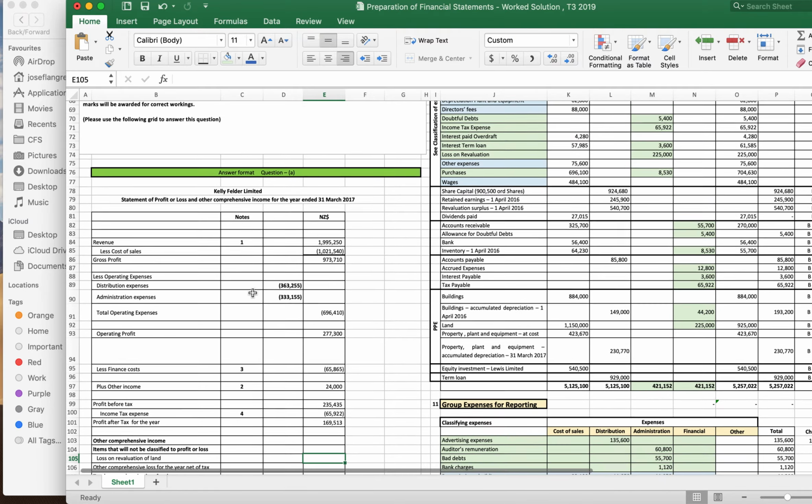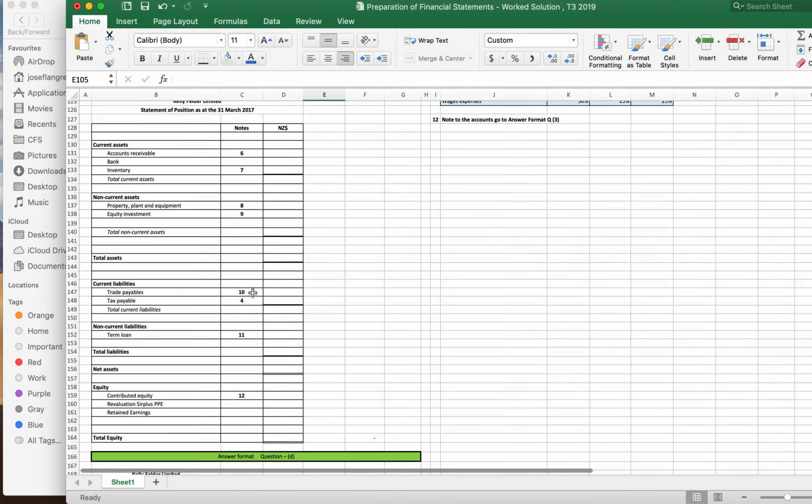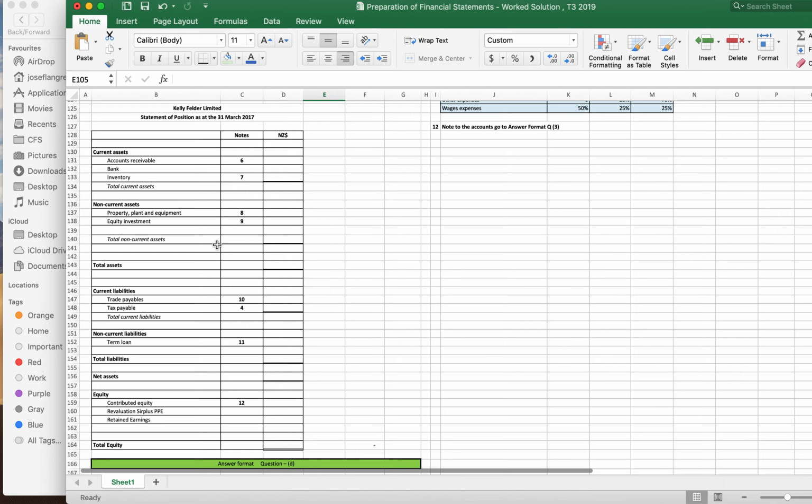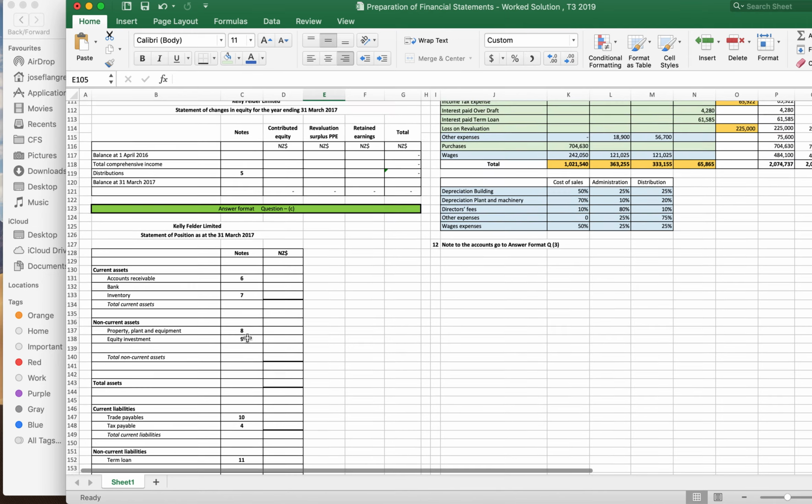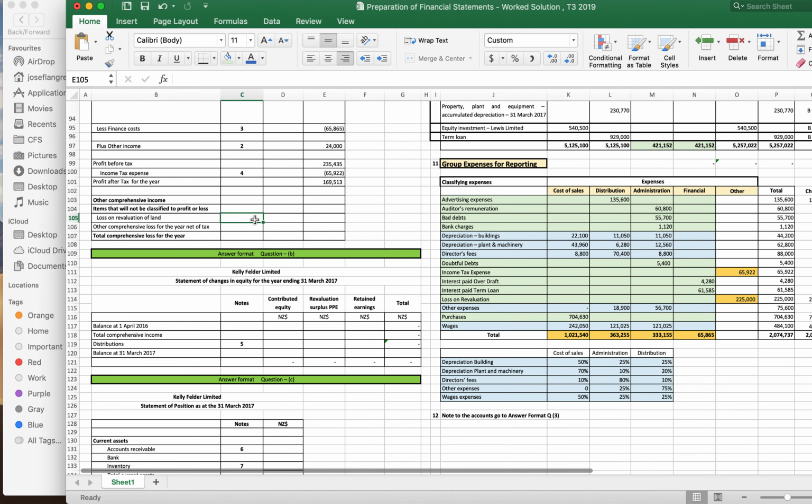I'm going to add a note, and it's going to be around property, plant and equipment, which is going to be note 8 anyway, so I can just put an 8 there. We should have a note around that revaluation.